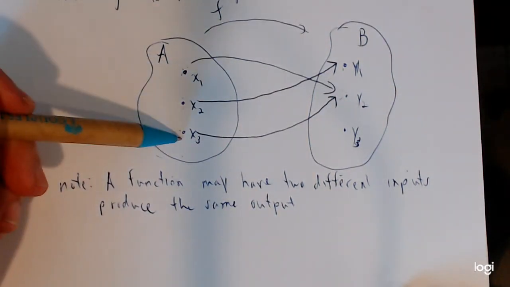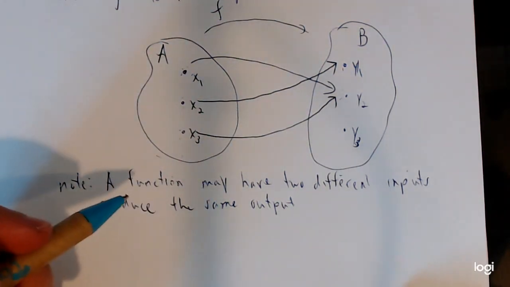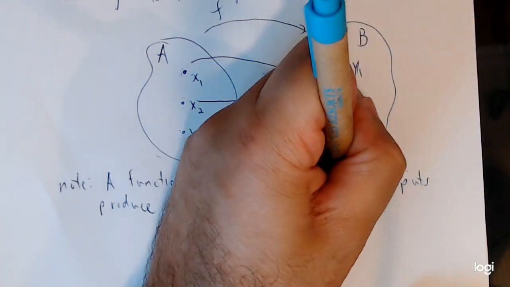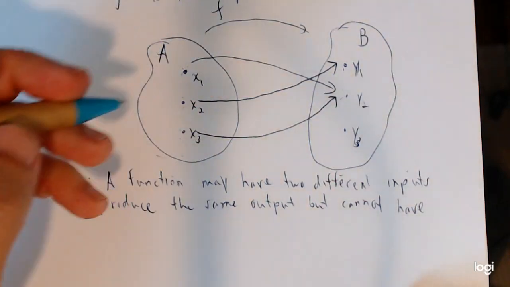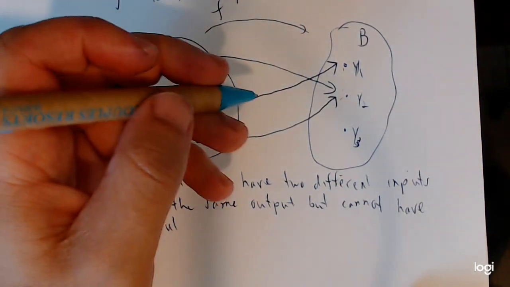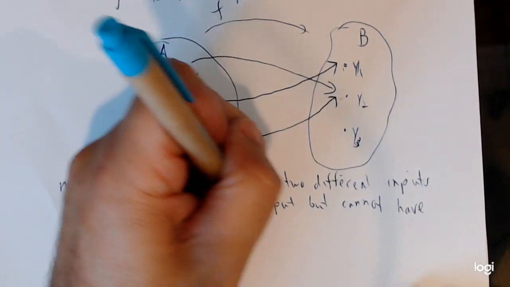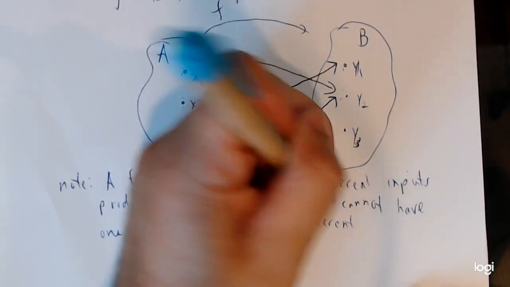X sub 1 and x sub 3 took me to the same output, which is y sub 2. However, it cannot have one input produce 2 different outputs.